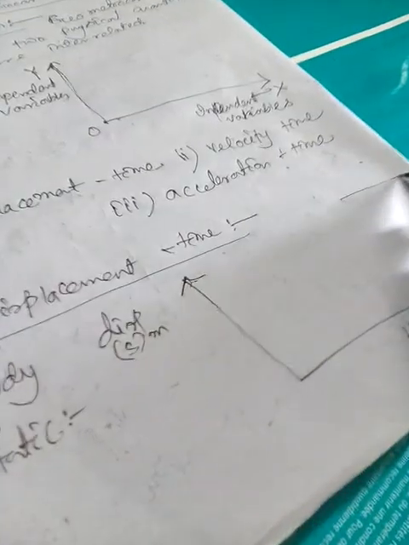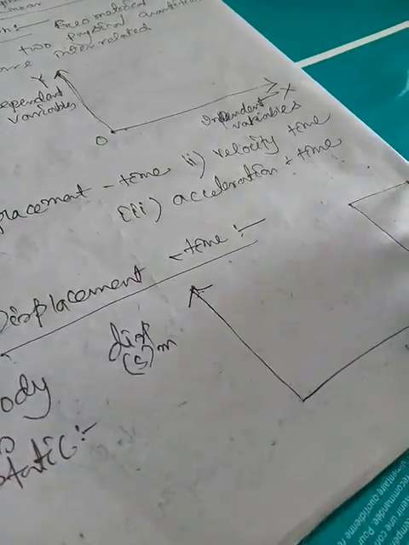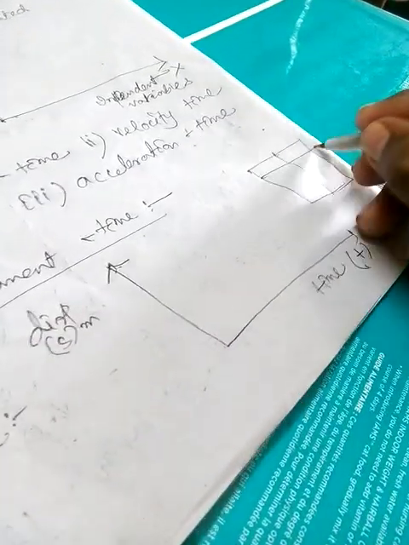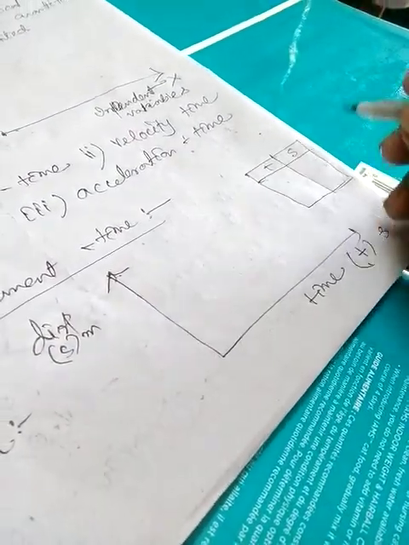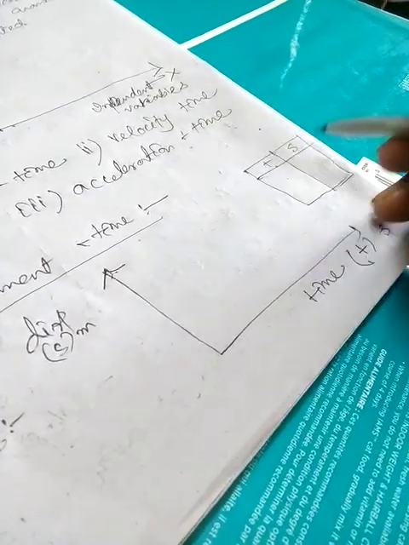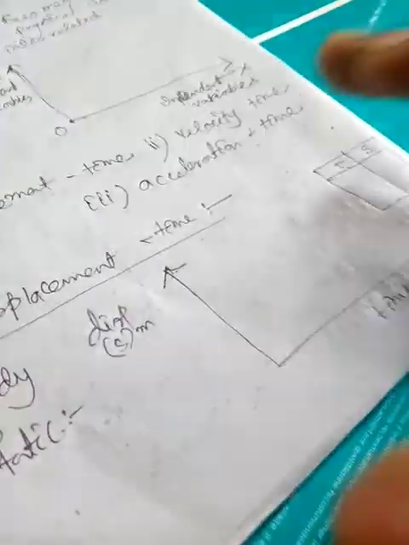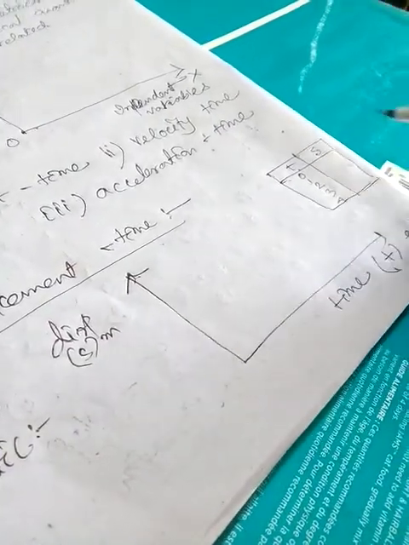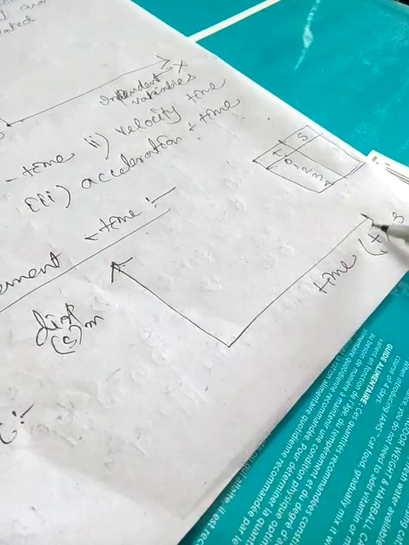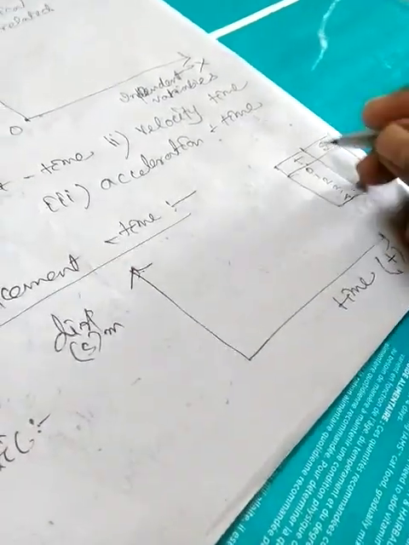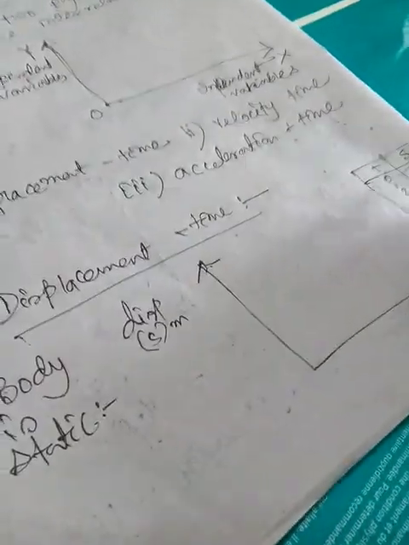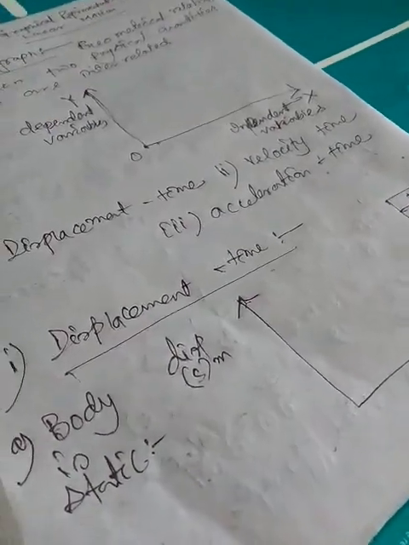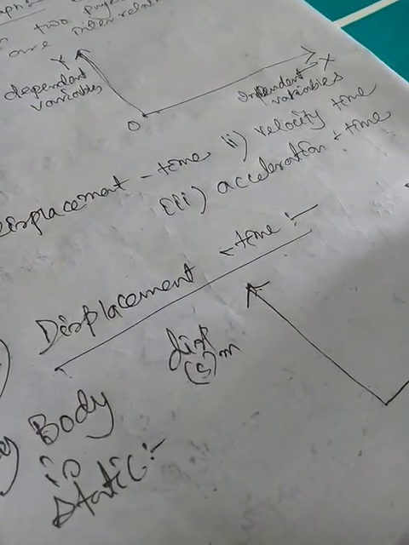If the body is static, it doesn't change its position. Now we show the graphical representation. Time in seconds: as it is static, we take 0, 1, 2, 3, 4 along the time axis. Along displacement, assume the displacement stays the same because it is static and not changing its position. Assume it is 20.